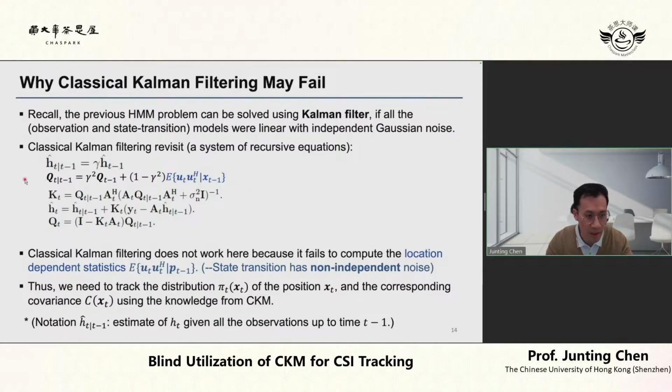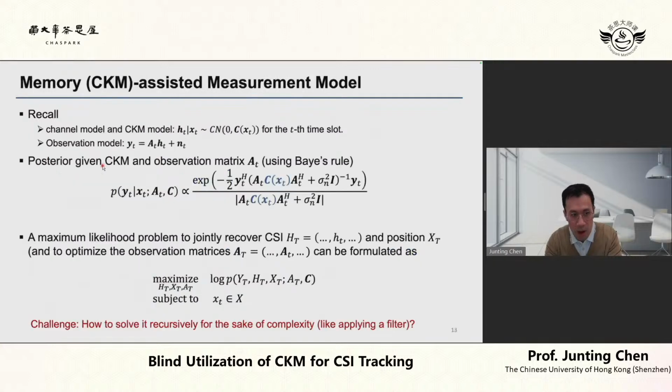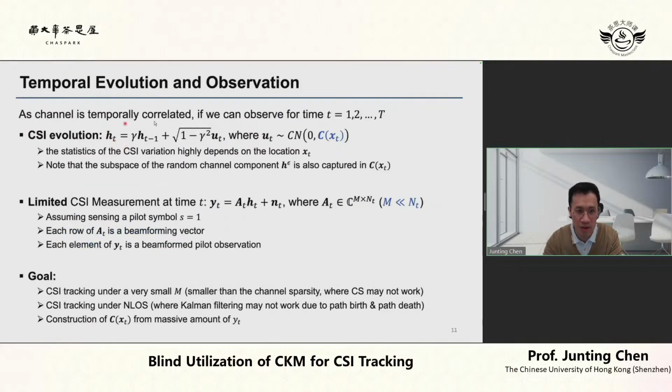So for Kalman filtering, it is just a set of a pipeline to run these updates sequentially, right? So given the observation up to time t-1, the best estimate of the channel at time t, given the estimate of the channel at time t-1, is given by this product, right, with parameter gamma, right? So this is due to our channel model, right? In our channel model, we imagine that the channel behaves like this.